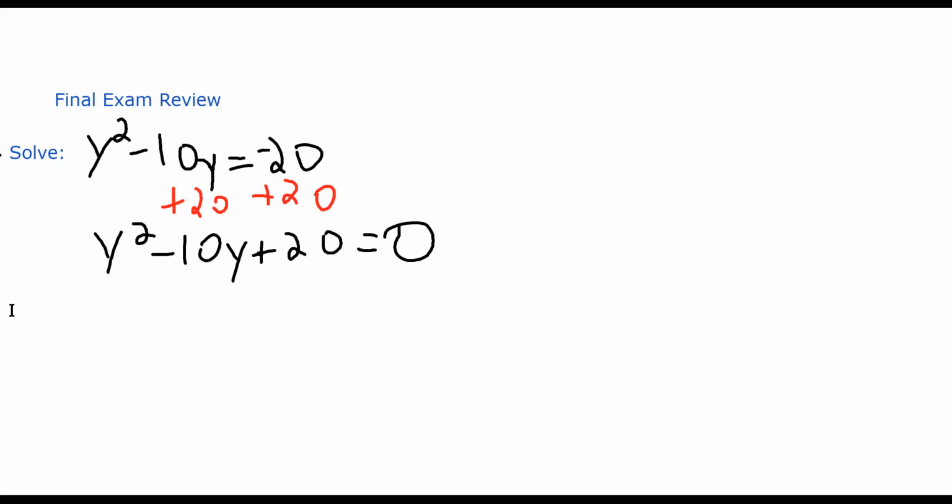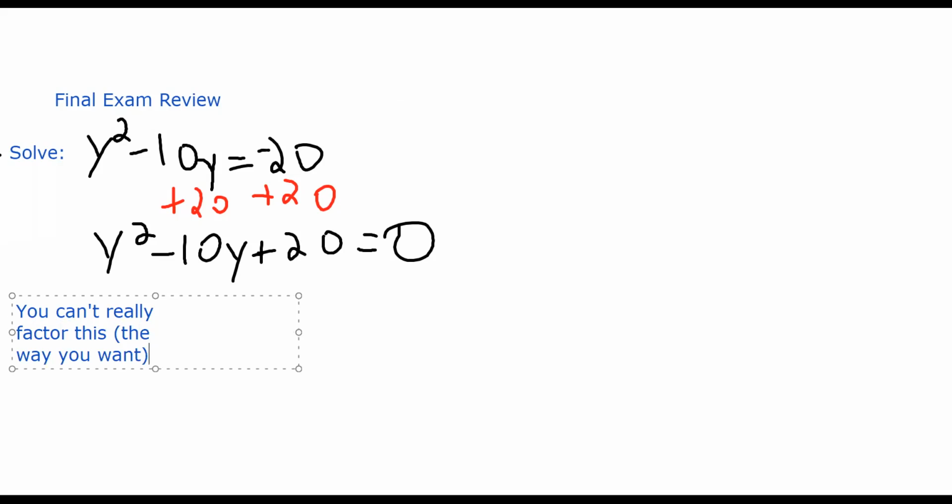So it turns out you can't really factor this, at least the way you want, which is to have integers. Theoretically, it can be factored, but it's an ugly factoring that we don't really want to talk about. So now we have to look at other methods for solving quadratics. We can try completing the square, but since I already moved the 20 over, let's just use the quadratic formula.